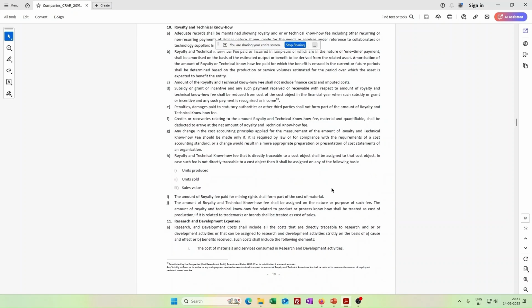Research and development expenses. Any manufacturing company has a research wing for development of production and development of services. All such expenditure comes under research and development expenses, and these are indirect expenses.